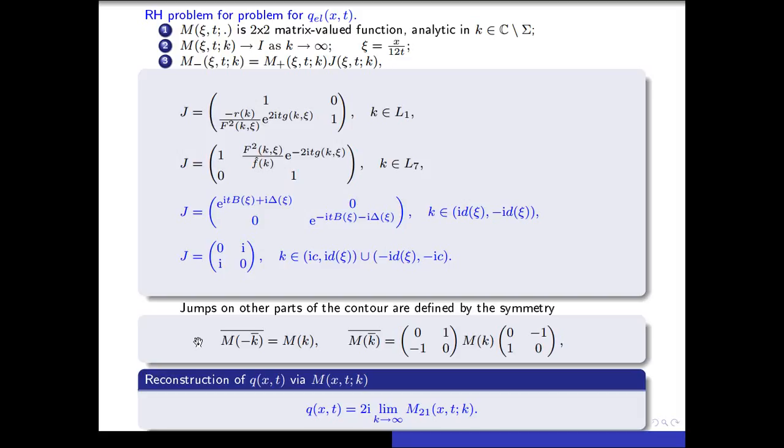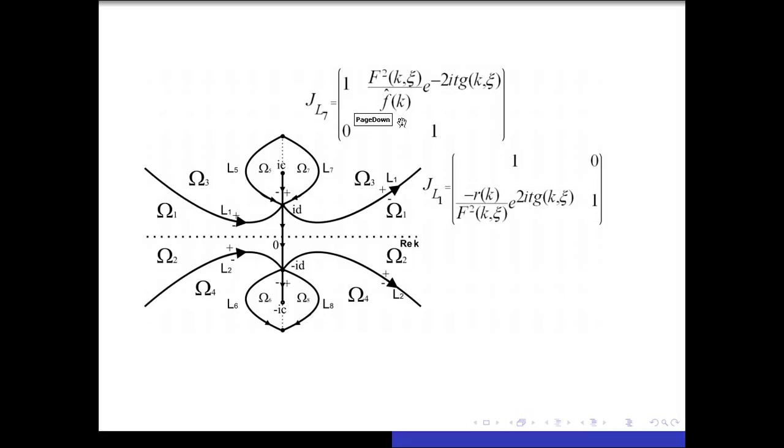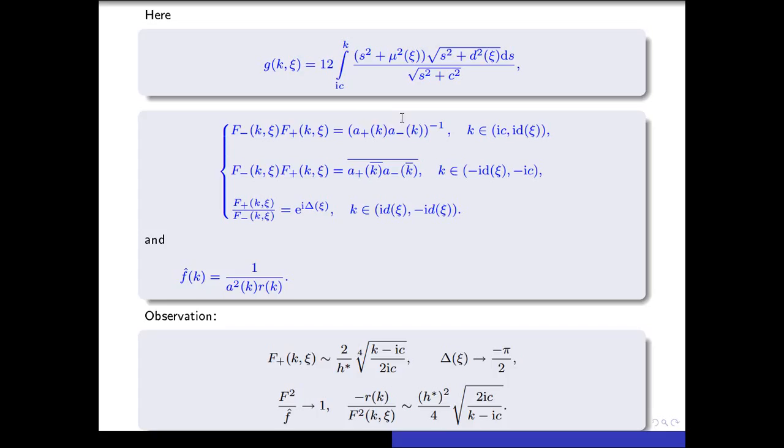Here the quantities B and delta we already defined, and also D we already defined before, and G, F are the following functions.